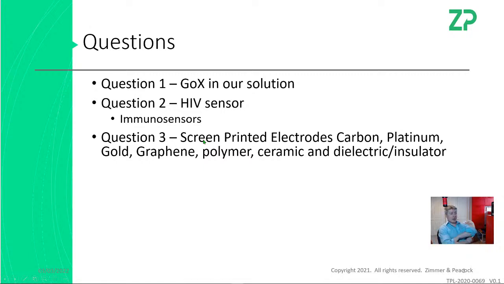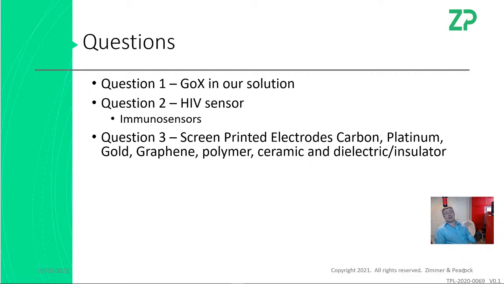We had another inquirer asking us about screen printed electrodes. They wanted to compare and contrast carbon electrodes, platinum electrodes, and graphene electrodes. Some of our electrodes are flexible, and this is because we're often making them on PET, polyethylene terephthalate, or when they're stiff we're making them on ceramic.